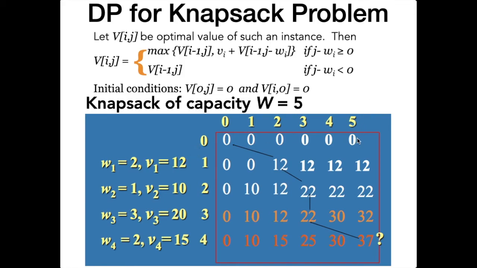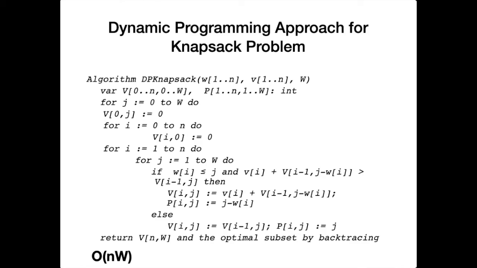But if we consider the total number of operations inside each item, this running time is actually pseudo-polynomial. So, this provides an optimal solution for the knapsack problem, pero it's in pseudo-polynomial time. Hindi siya polynomial time solution for the knapsack problem.